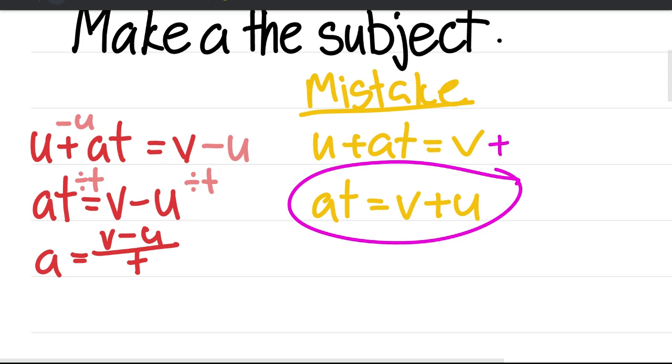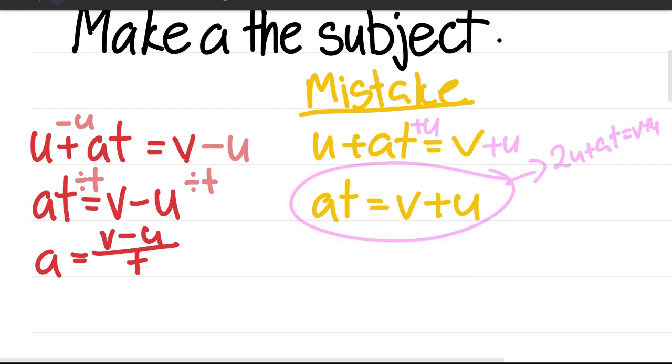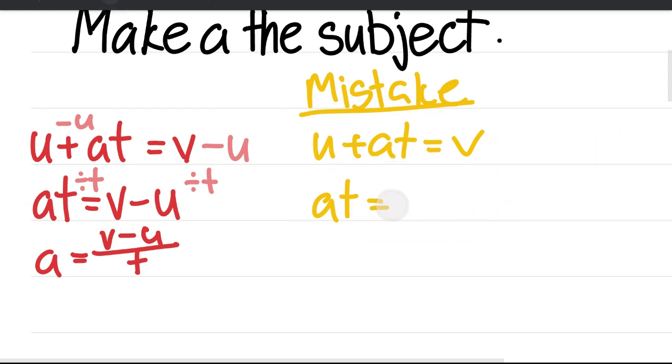If we plus U on the right side, that means we must add U to this side as well. So instead this would have been 2U plus AT equals V plus U. You see?